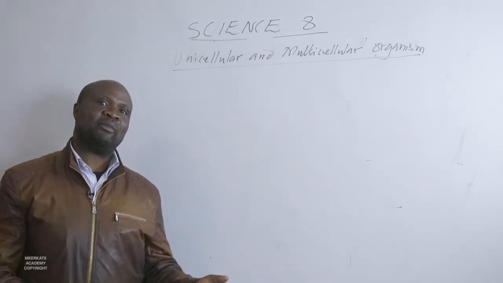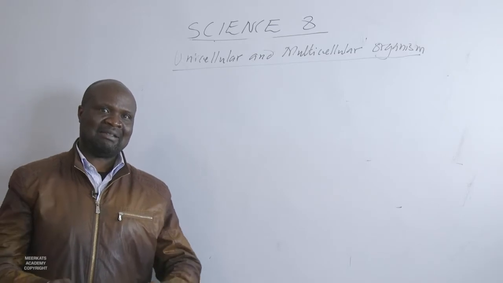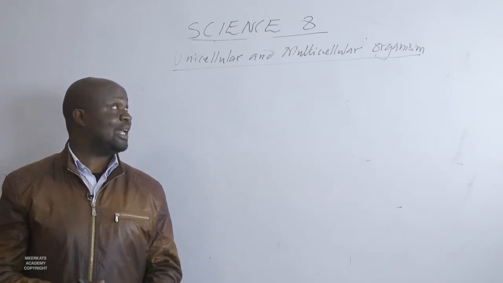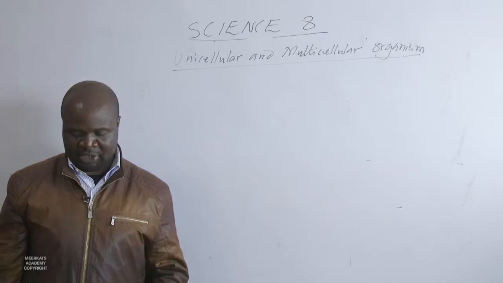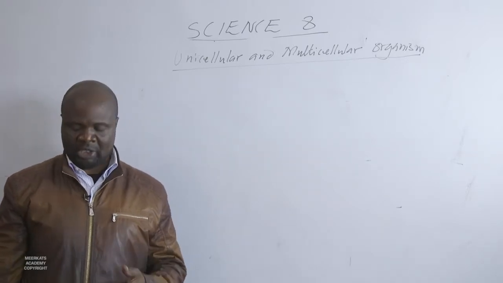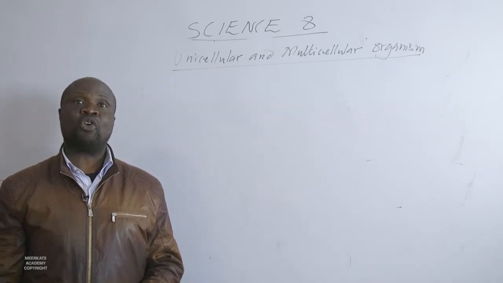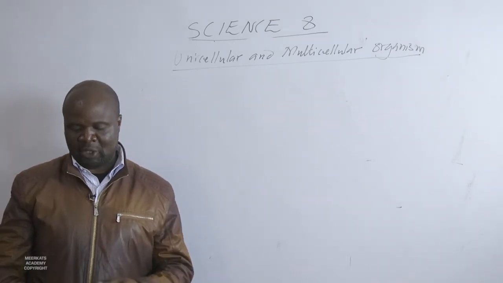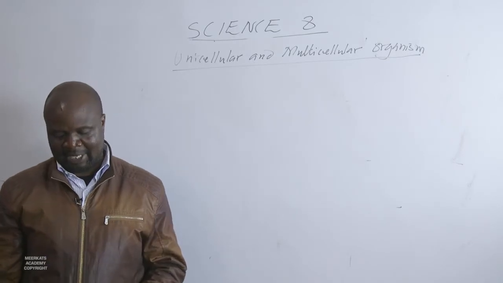Plants and animals, which we have been studying their cells, are multicellular organisms. They are made up of billions of cells, all working together to help the plant and the animal to survive.